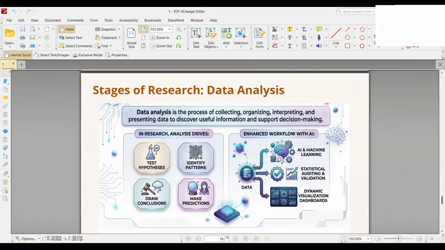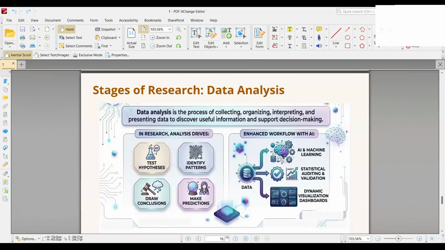When we look at this data analysis framework, we can see exactly how we can connect raw information to actionable research outcomes. The process is all about taking data and transforming it into useful knowledge to support our decisions.